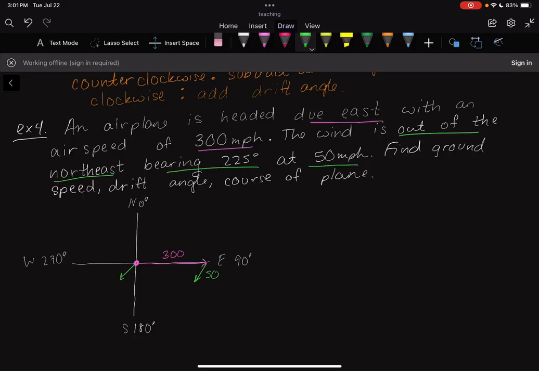And let's think of something else. We're going to need to know that angle inside of there. I'm not going to tackle it right this second, but we will. Then we're trying to figure out where the plane actually went. The plane is getting pushed downwards, so it's actually going to go like here.